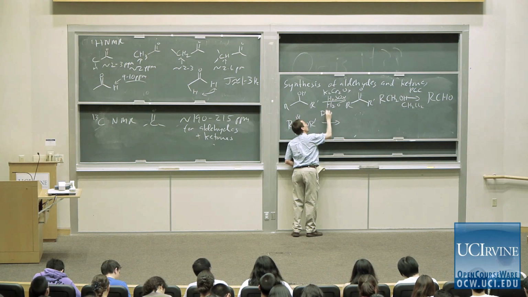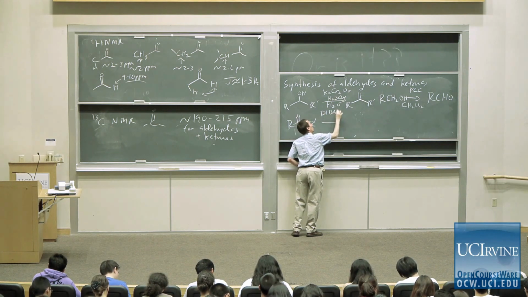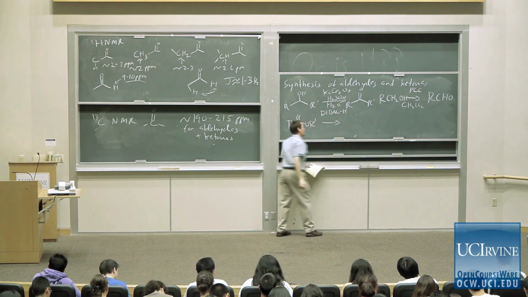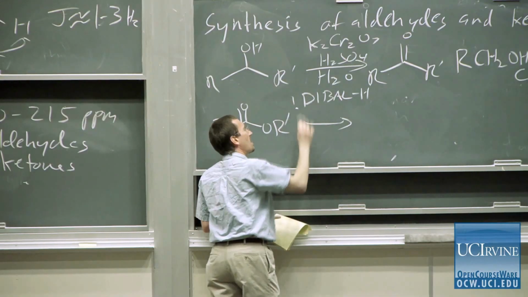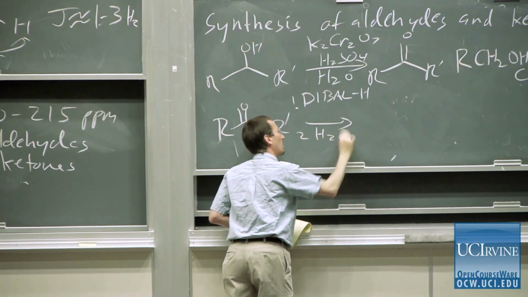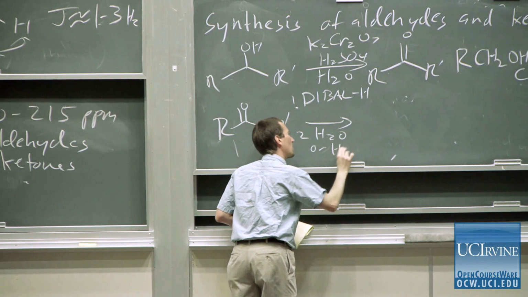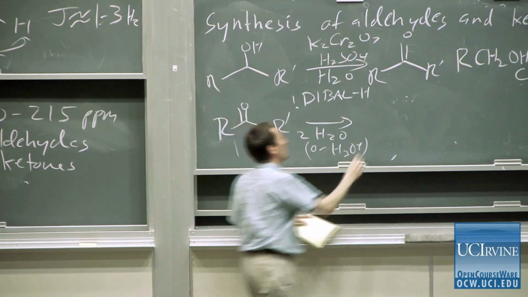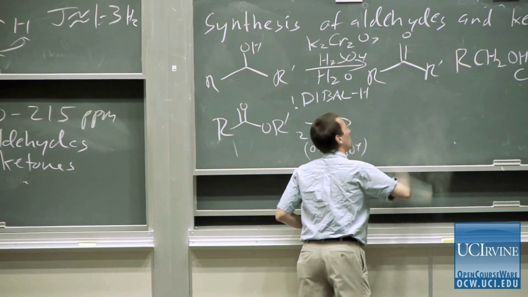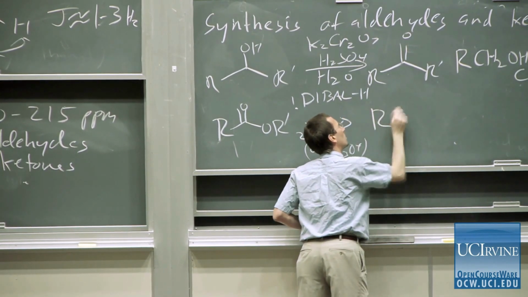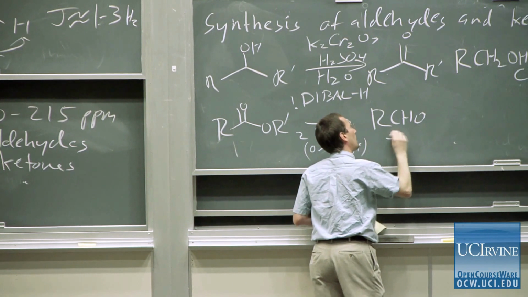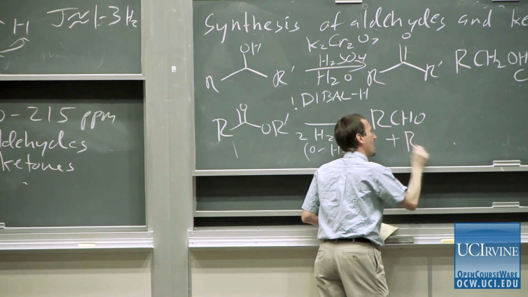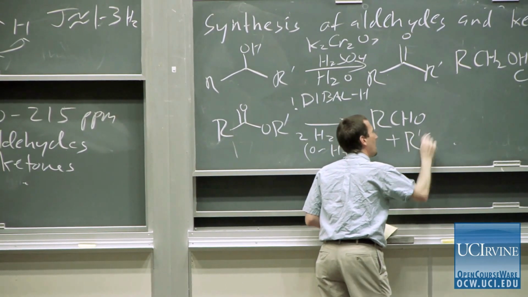And again, I've mentioned this one before. DIBAL-H followed by an aqueous workup with water or H3O+ aqueous acid can reduce your ester directly to an aldehyde. And of course, the other product of the reaction is your corresponding alcohol.